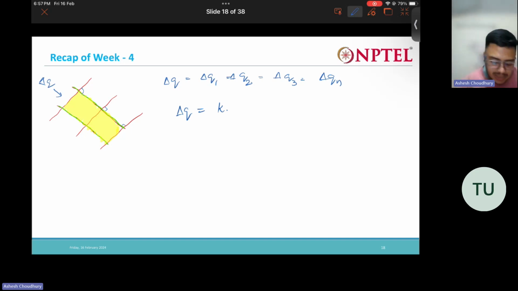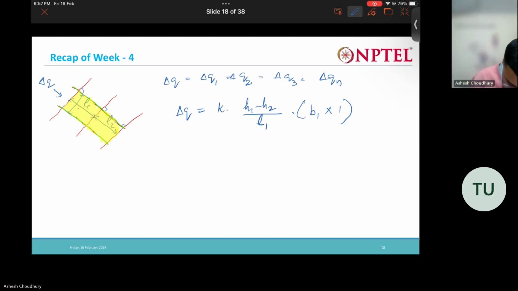So K times (H1 minus H2) by L1, into B1 into 1. This is L1, similarly this is L2, this is B1, and this is B2.